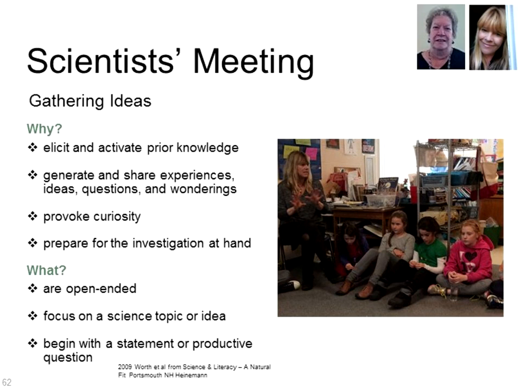During the course of this instructional sequence, there were numerous scientist meetings. Some of the ones included the gathering ideas, and part of the model making as well, elicits that prior knowledge from students and begins to get their ideas about what they think is happening.